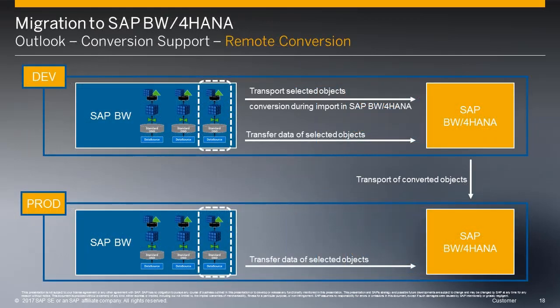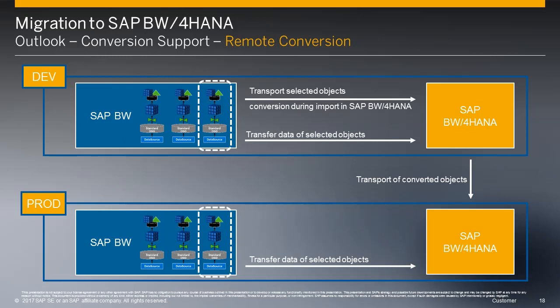If we talk about the remote conversion, it's very similar in the sense that we're capturing selected objects in a transport. The only issue is we are only taking selected objects, right? We don't want the entire dev system. We only want, let's say, orders and billing. All the other stuff is garbage data in it, gigabytes upon gigabytes of data that is not used or required.